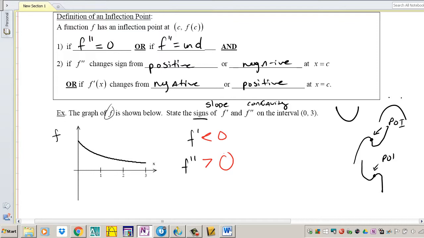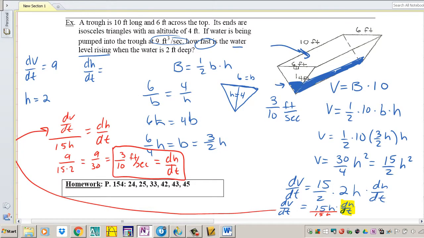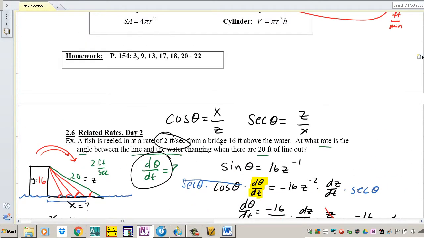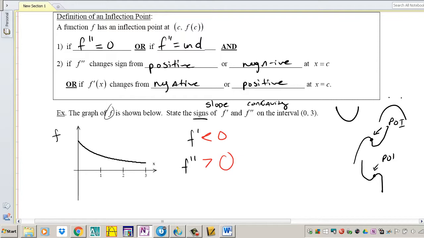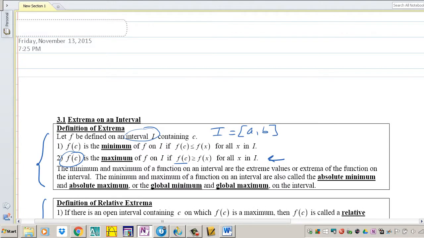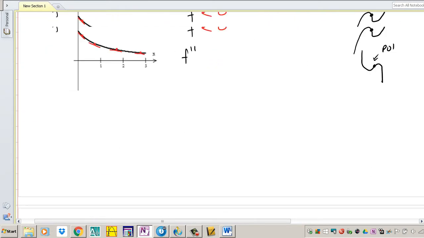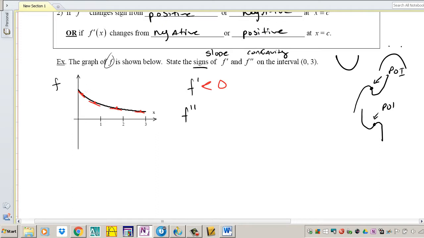Now, if I go back to my slopes, I notice that my slopes are not decreasing.